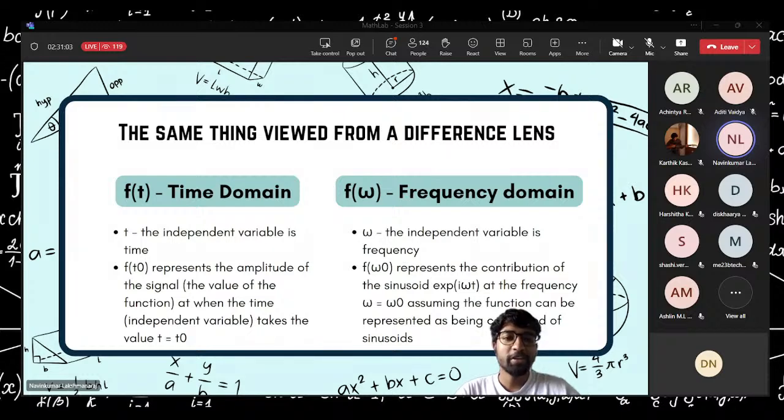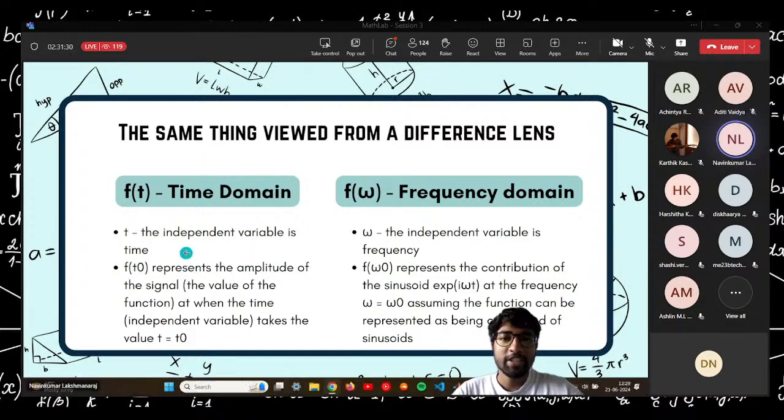But at every point of time, at every place, there would be some amplitude, and that amplitude is essentially the summation of various waves interacting together. So what F of omega represents is the strength of the particular sinusoid e to the power i omega t, which is just a fancy way of representing the sine and cosine package together, that contributes to the overall signal.